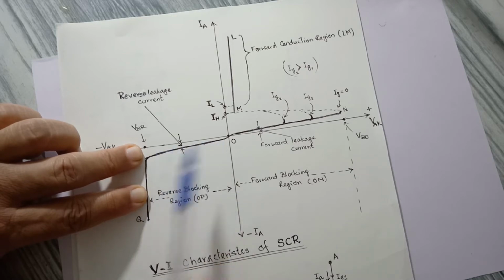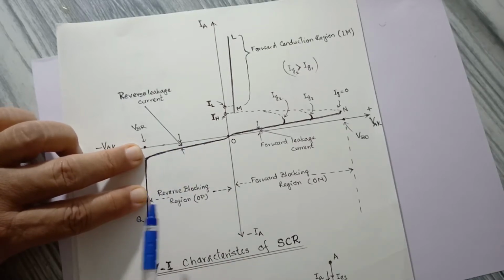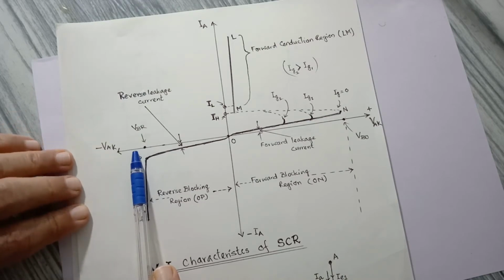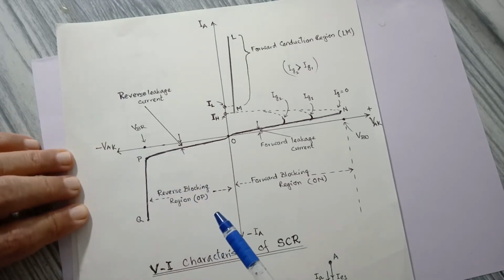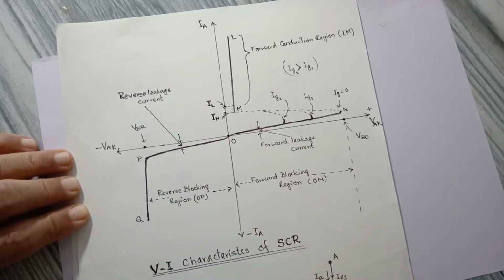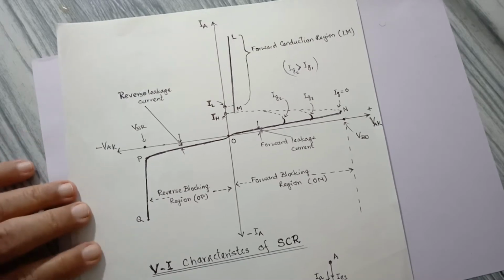So when the SCR is reverse biased, it doesn't conduct. But if this reverse bias voltage is increased to a very large value, then junctions J1 and J3 may break down, avalanche breakdown occurs, and a large current will flow through the SCR. And if this current is not controlled, that will destroy the SCR.